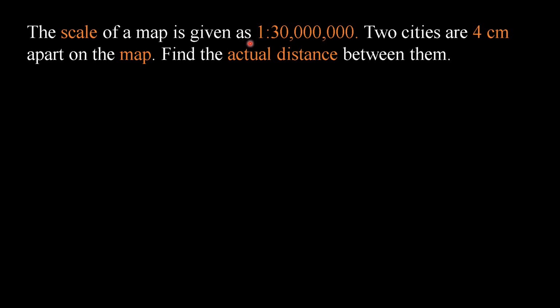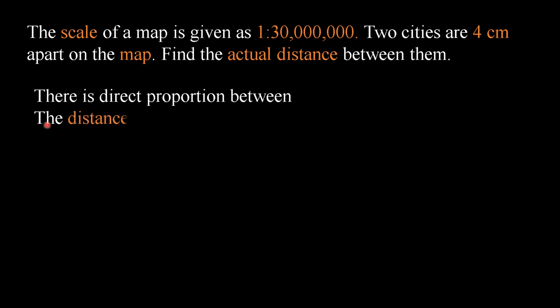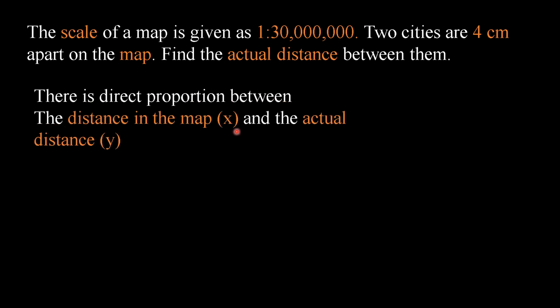The scale of a map is given as 1 ratio 30 000 000. Two cities are 4 centimeters apart on the map. Find the actual distance between them. There is a direct proportion between the distance in the map, which is x, and the actual distance y.